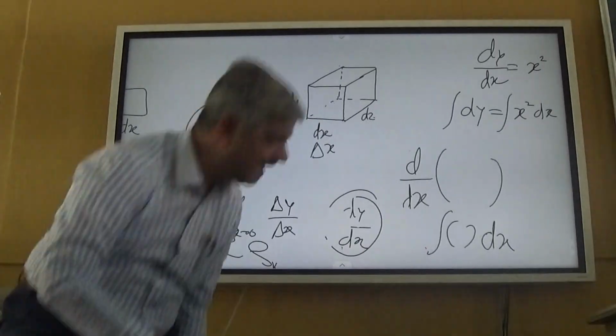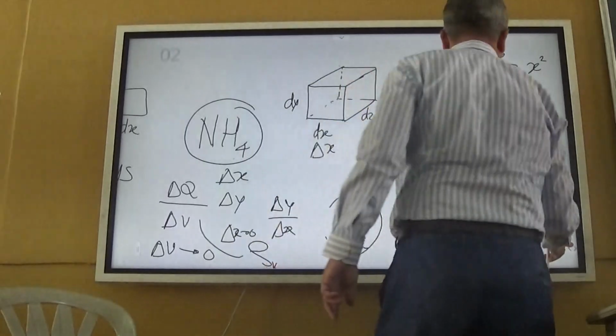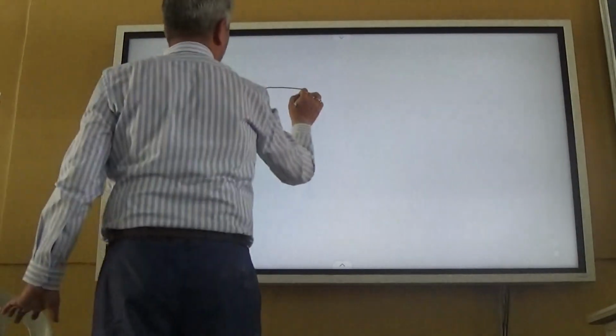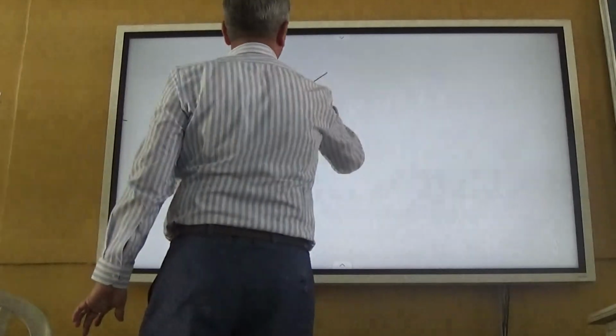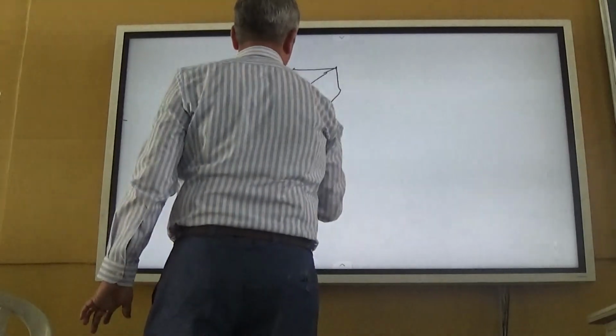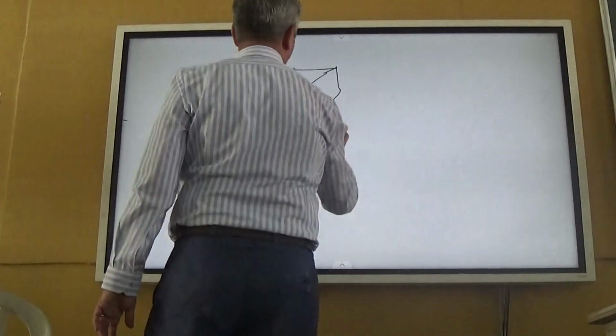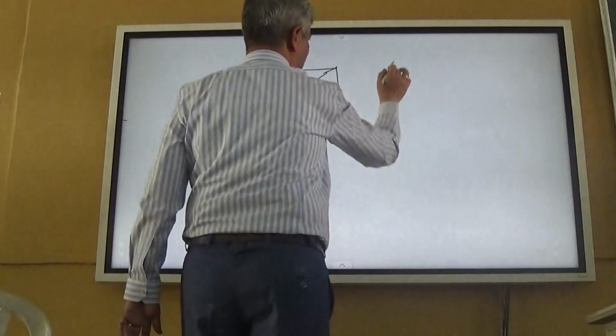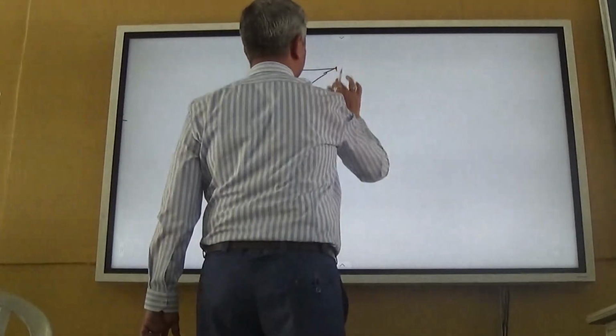So, what will happen if a small cube of dimensions delta x, delta y and delta z contains charge delta q?